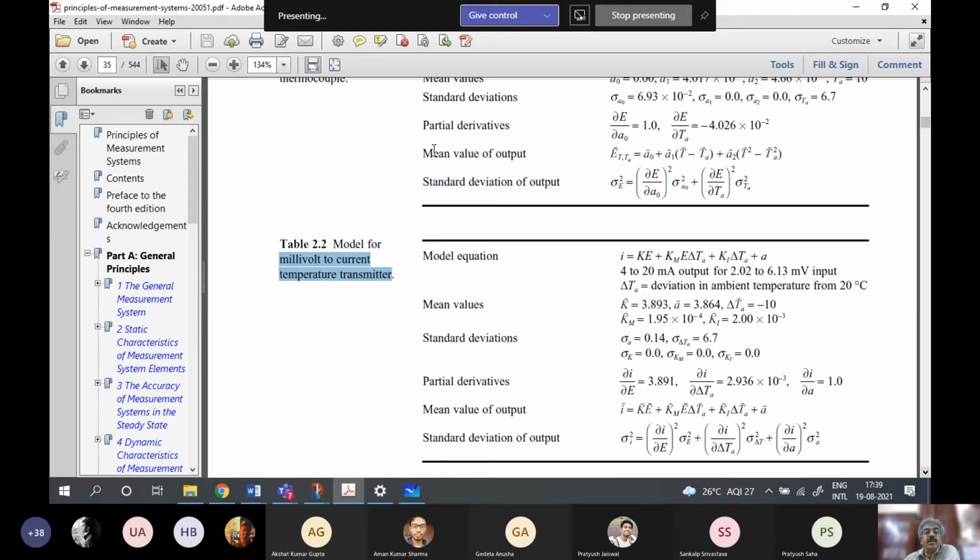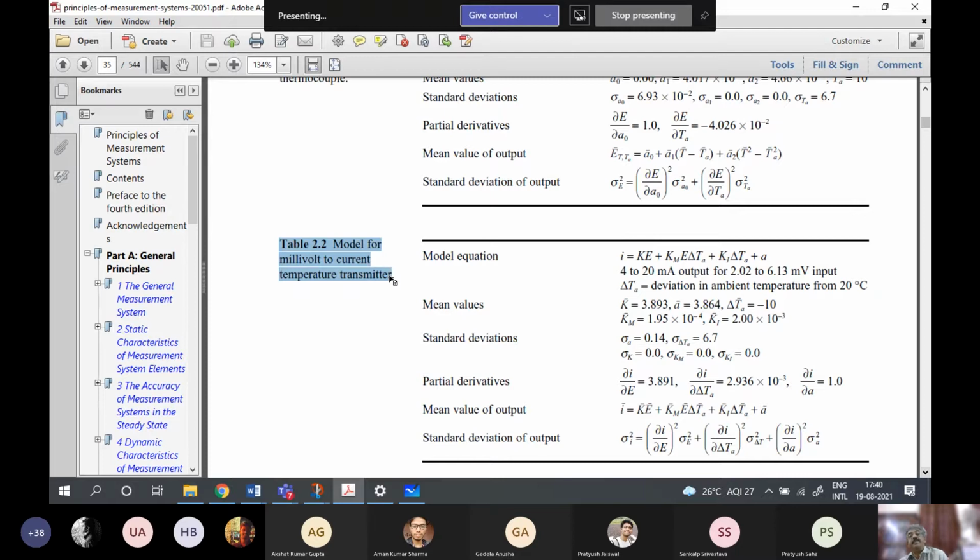Now, we'll do this maybe in the next class, not in this class. This is one part of the measurement system. The thermocouple is one part, and the thermocouple output is now connected to a millivolt to current transmitter, which is another part of the measurement system.